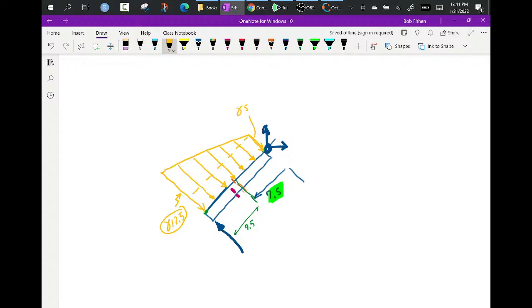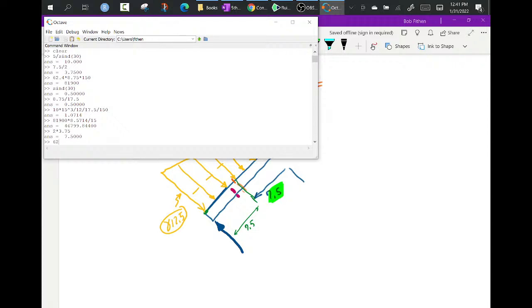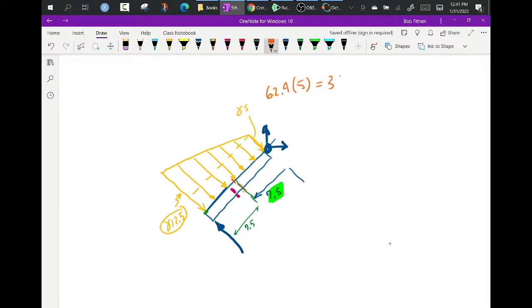On the left, we're going to take this as water. So on the right, 62.4. Let's go ahead and change back to 62.4 times 5, which gives me 312 pounds per square foot. So now I've got that on the left.